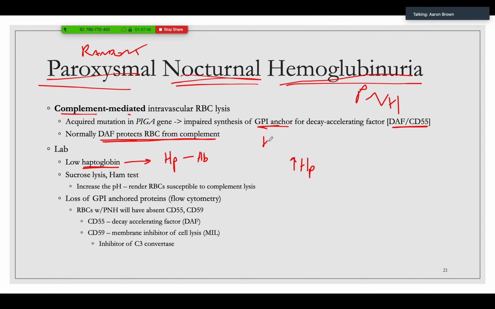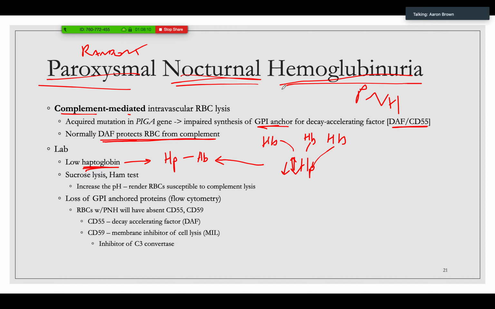However, once hemoglobin starts to accumulate, it's all going to be binding to haptoglobin. And so whenever you have a lot of hemoglobin in the blood, your haptoglobin level is going to fall, because it's all bound to hemoglobin. When you test for haptoglobin by itself, you're not going to see it because it's all bound to hemoglobin.